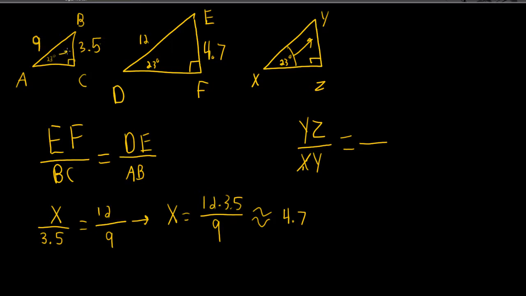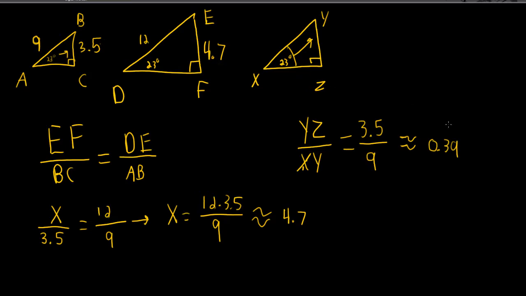That's going to be BC, or 3.5. So we're going to get 3.5 over the hypotenuse, which is 9. If you calculate that out, you should get a value that is just about equal to 0.39.